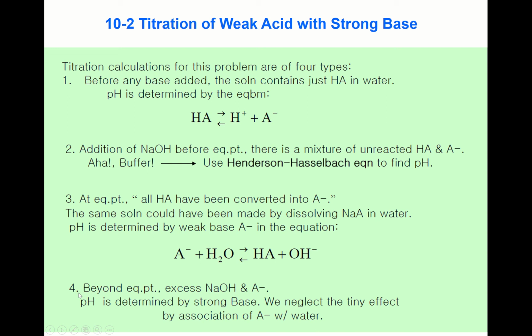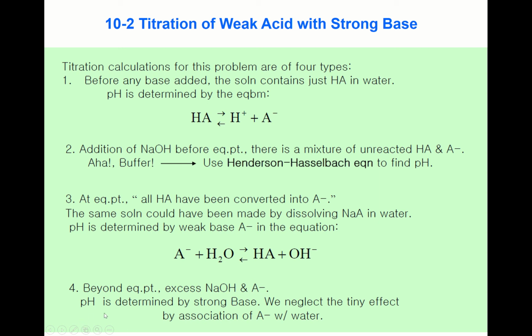The fourth region is beyond the equivalence point. At this point, excess NaOH is added, so in solution we have the anion and also the hydroxide ion. Two basic species, but hydroxide ion is a much stronger base than the anion A minus.